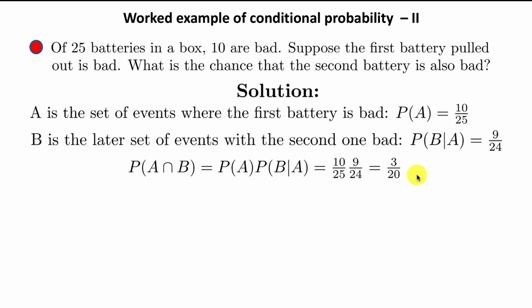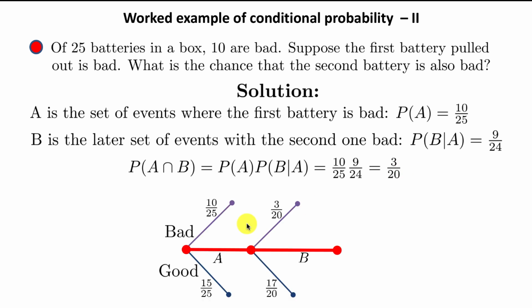Let's try to understand this a little bit more in terms of a diagram. So, at the very beginning, we had 10 bad batteries, a total of 25 batteries, and if 10 are bad, then 15 are good, then the probability of a good battery being pulled out at the very first try is 15 over 25. And of course, 15 over 25 and 10 over 25 add up to 1.